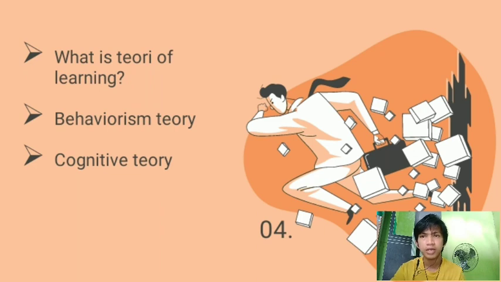The theory of behaviorism is a theory of learning as habit formation that takes place through strengthening stimulus response. In this case, I think practice is very important. Then cognitive theory means that students are rational creatures.